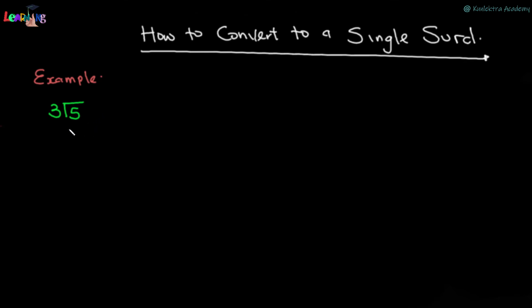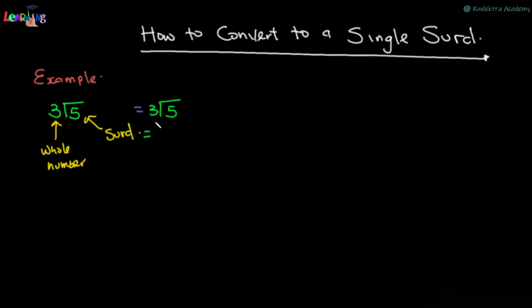This is a mixed surd consisting of a whole number and a surd. How can we express this as a single surd?